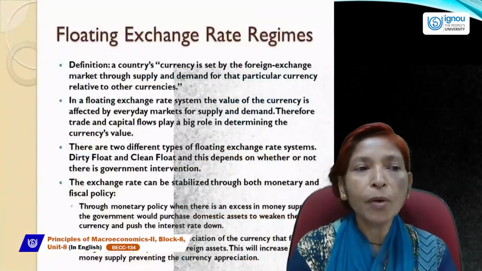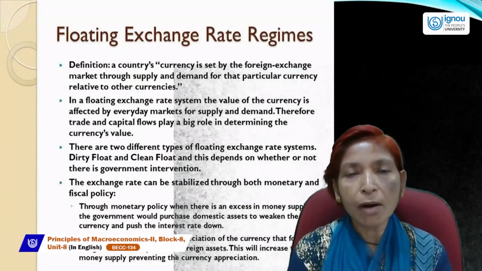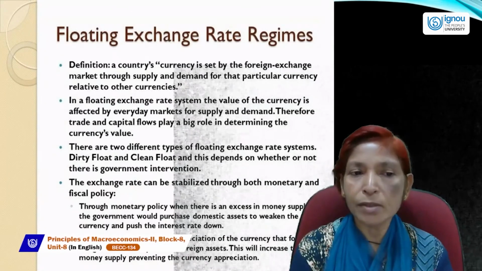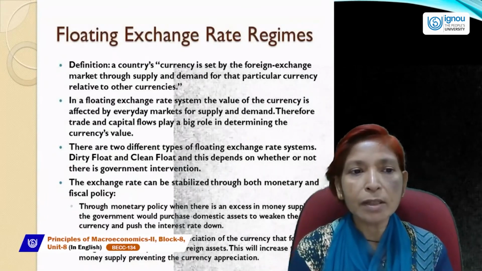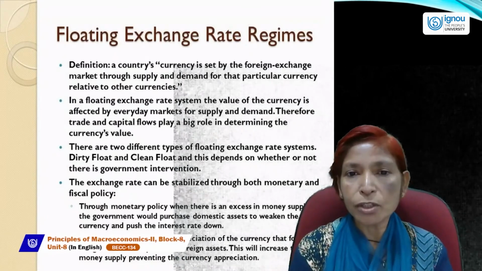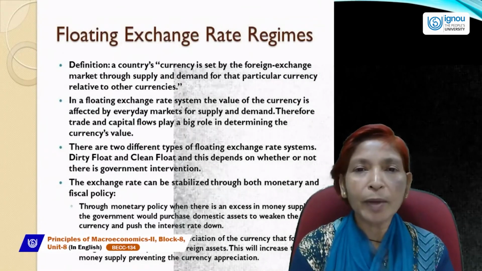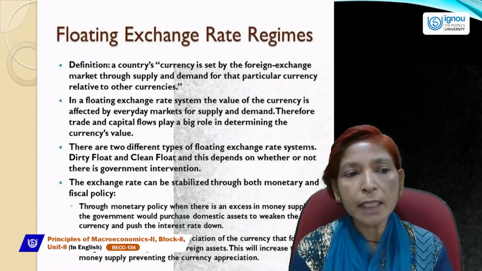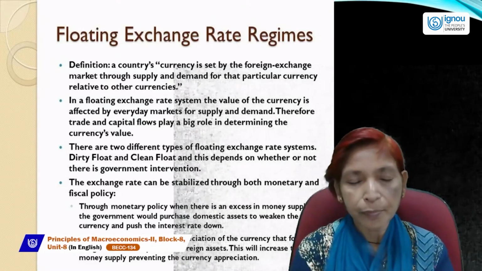Next is floating exchange rate regimes, or the floating or flexible exchange rate system. A floating or flexible exchange rate system is a system in which the foreign exchange rate is fixed by demand and supply of the foreign currencies.